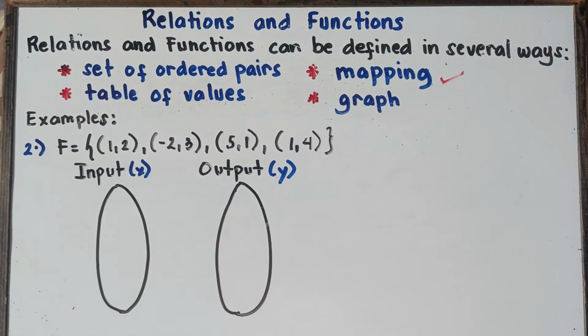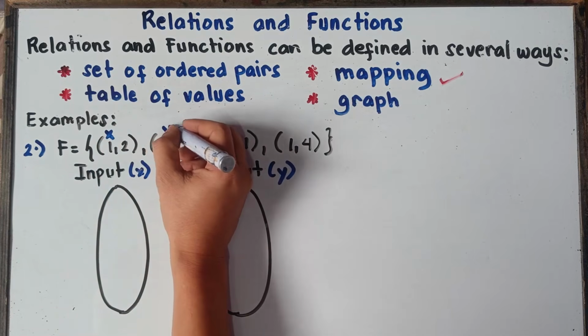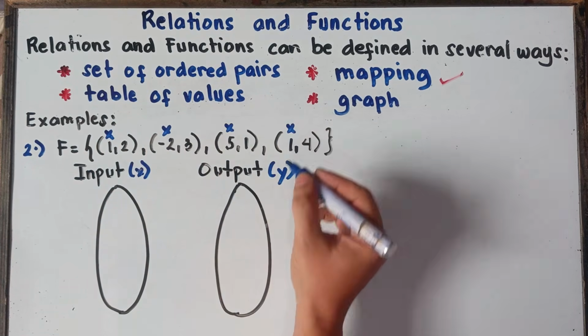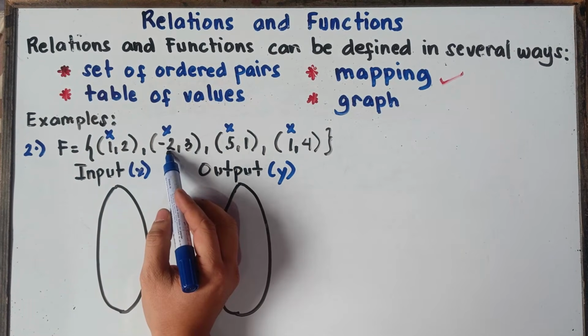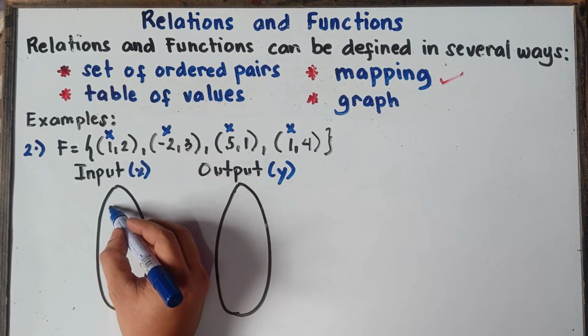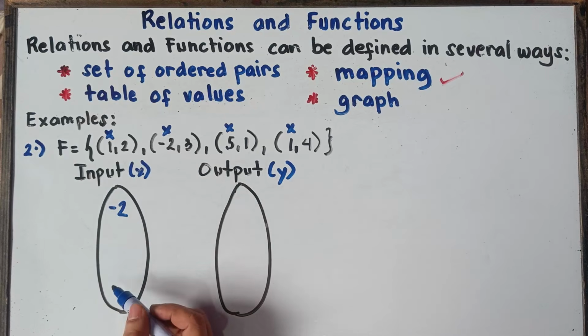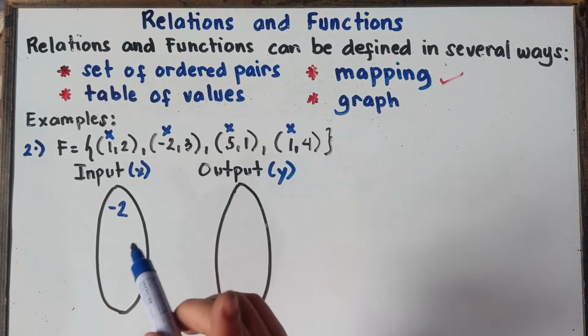Alright, so once again, the first numbers are the input, the X values. So we have this one, this is X, X, X, and then X. Once again, simply arrange them. The smallest number is -2. So we have -2. The next number is 1. Now, we have 1 twice.